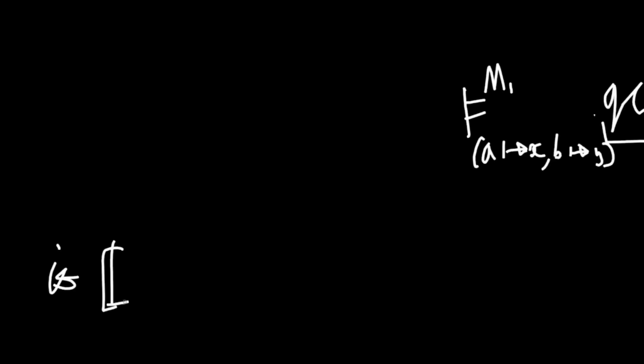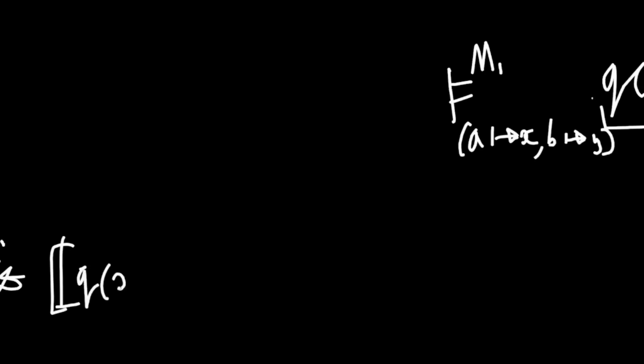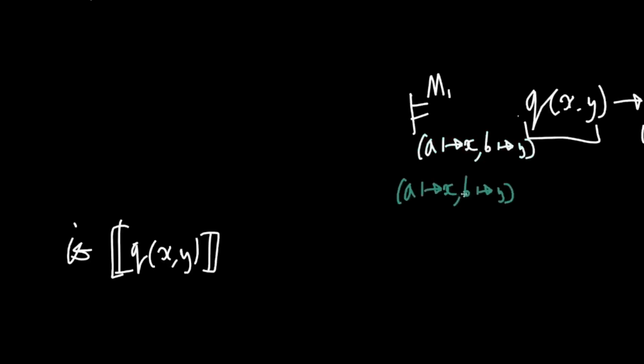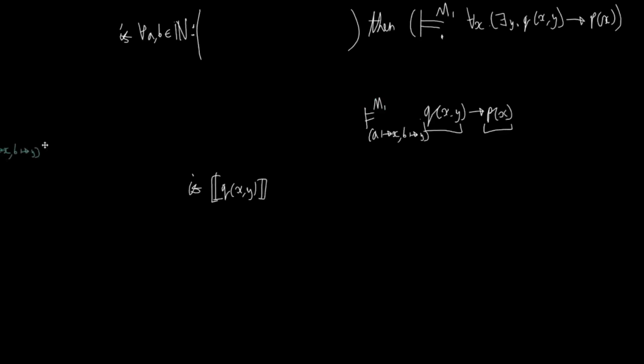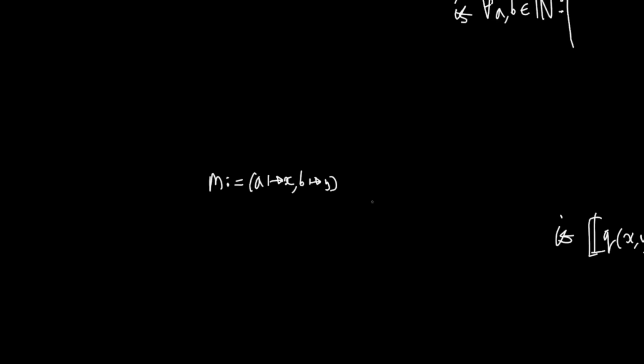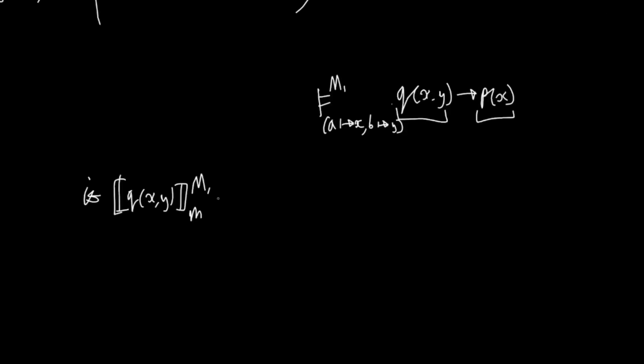This isn't two square brackets in a row, it's extra thick square brackets of q of x and y, with this same mapping here. You know what, I'm going to call this mapping lowercase m, just to save time. Lowercase m and m1.